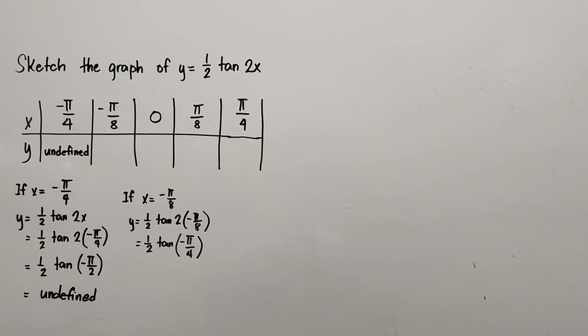For the second value of x, negative pi over 8, substitute into the equation. So we have 1/2 tan negative pi over 4. Get the coordinate of negative pi over 4. In quadrant 4, negative pi over 4 has the coordinates square root of 2 over 2 and negative square root of 2 over 2. Tangent is y over x.